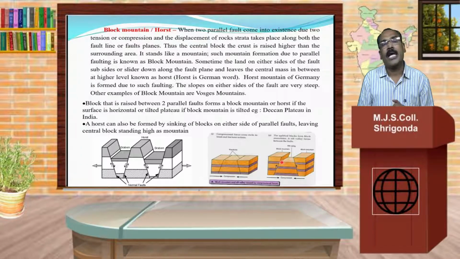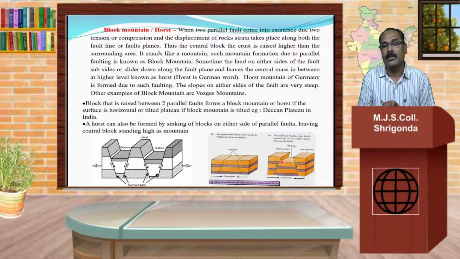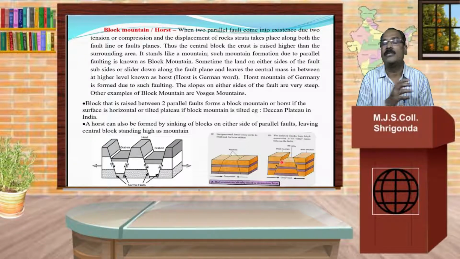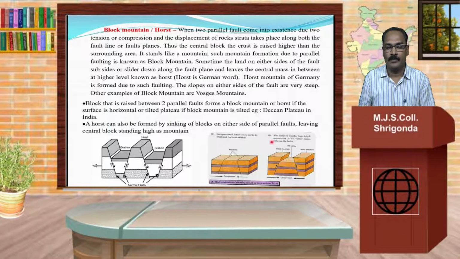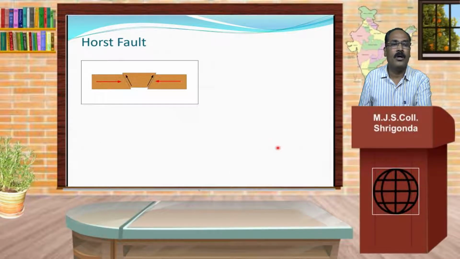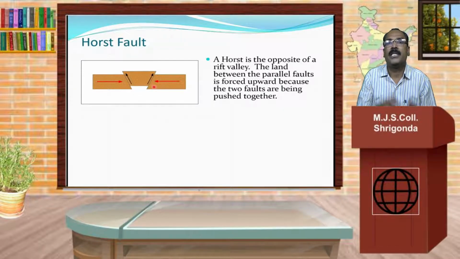A horst can also be formed by the sinking of blocks on either side of parallel faults, leaving a central block standing high as a mountain. In a horst, the middle portion is uplifted and the side portions move downward.